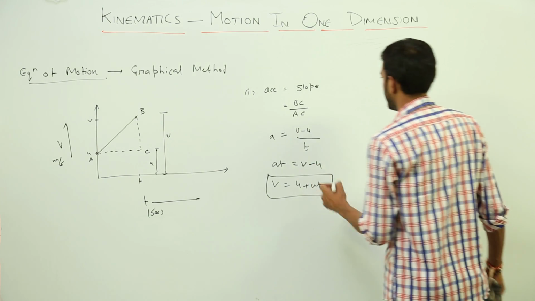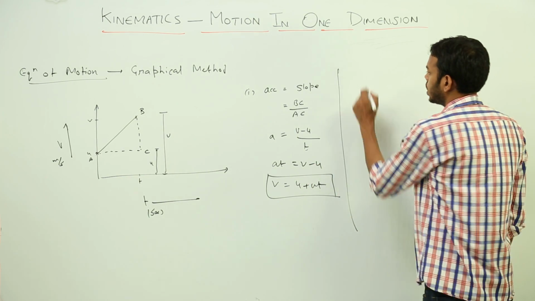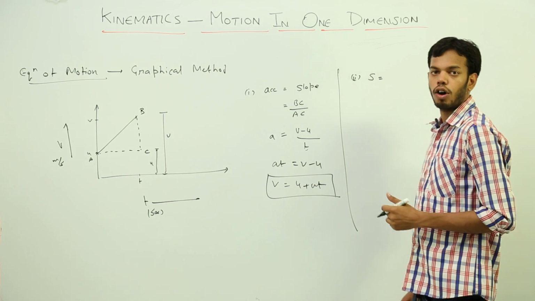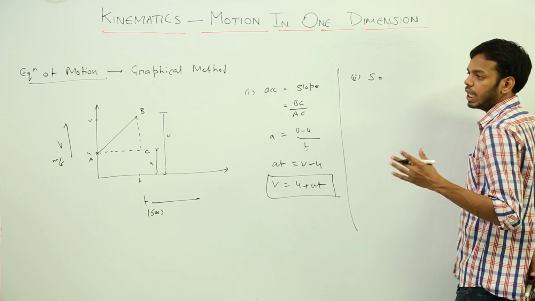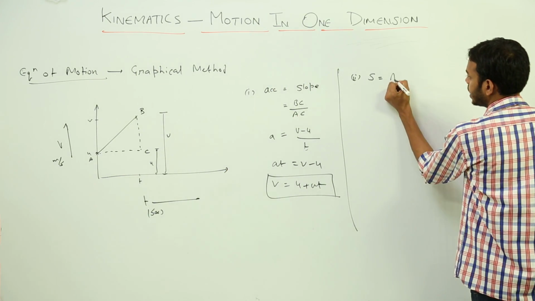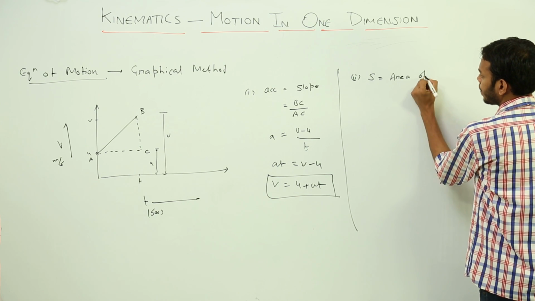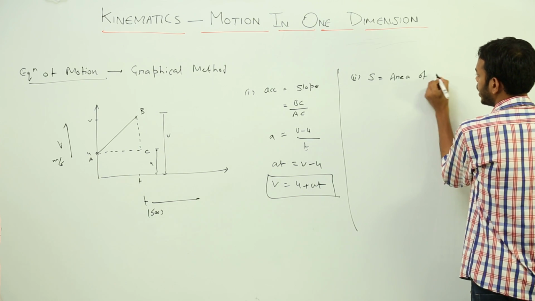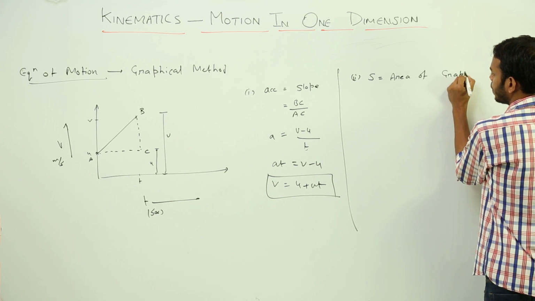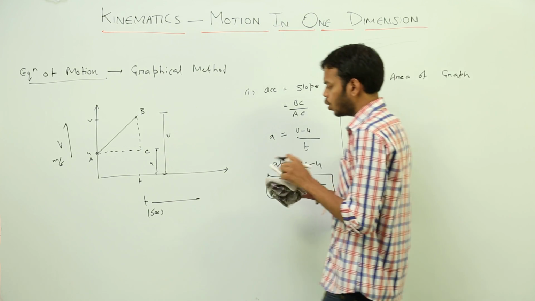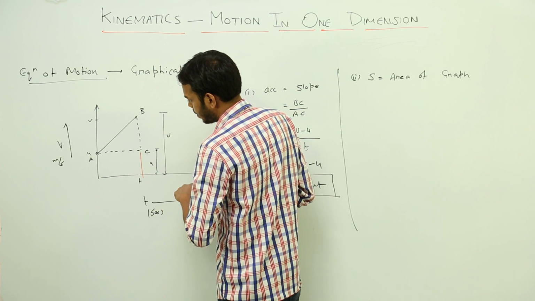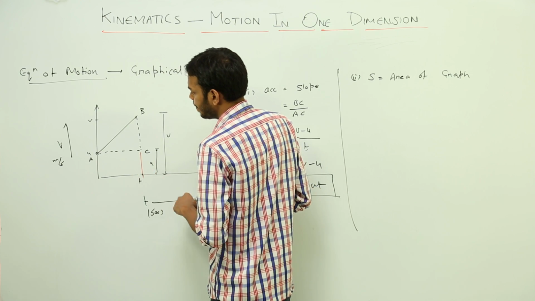The second equation: I want to find the total distance covered, s, which by the graphical method is given by the total area under the curve. So I need to find the area under the graph, which is the total graph basically. Here we have this total area. I think we should write t here. This is t.